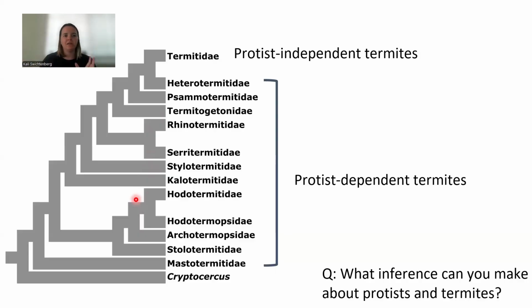So using the biology of which termites and outgroups, for example Cryptocercus, have protists, we can make inferences about when those protists entered into a symbiotic relationship with these insects, and when they were lost. So, using phylogenetics and our background knowledge.